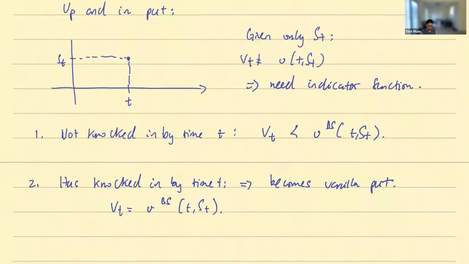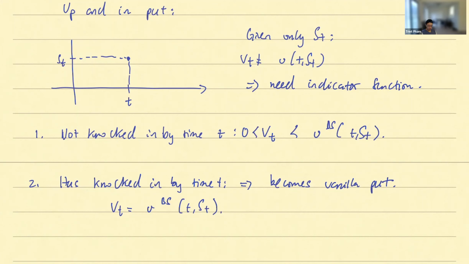Here it is very dramatically different. If it has not been knocked in, the value will not be the Black-Scholes value, but is it going to be 0? No, right? It's some other function. It still has a positive value.